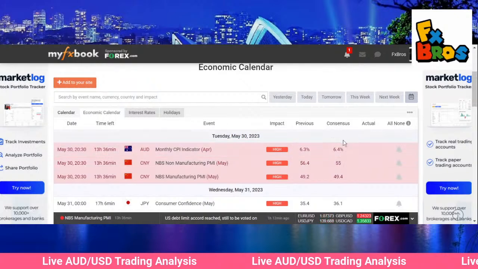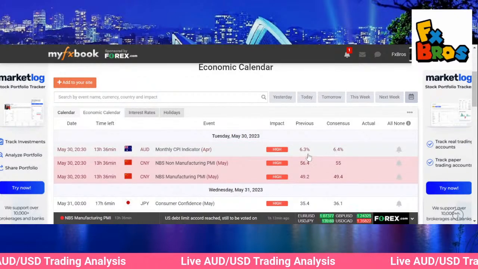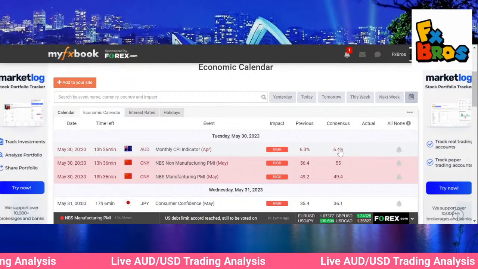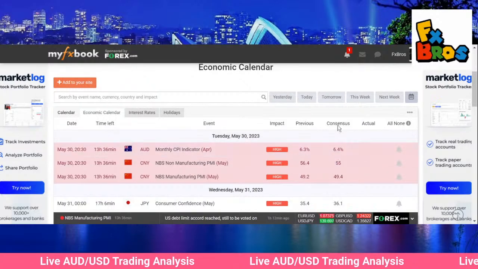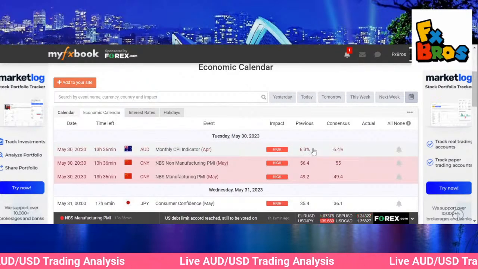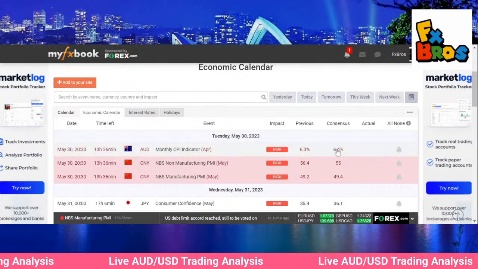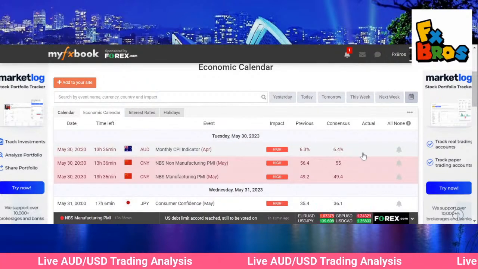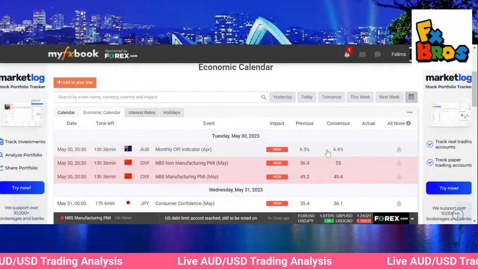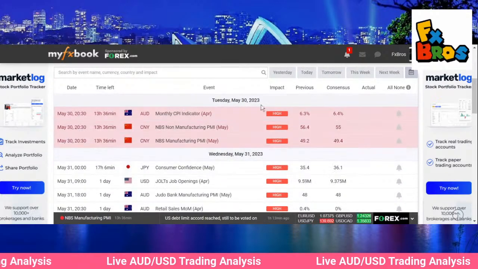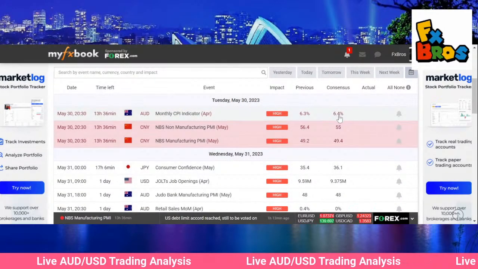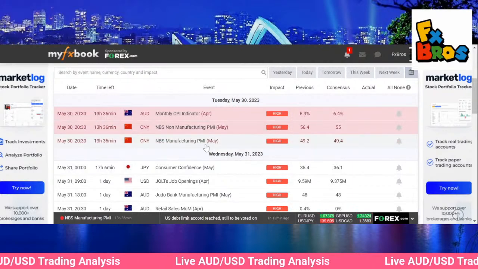They changed it. It was 6.3, 6.3. They changed the consensus. So previously 6.3. They believe now it's going to be 6.4. Let's see what the actual is going to be tonight. They changed that, though. I remember yesterday it was 6.3, 6.3. I think they slipped.